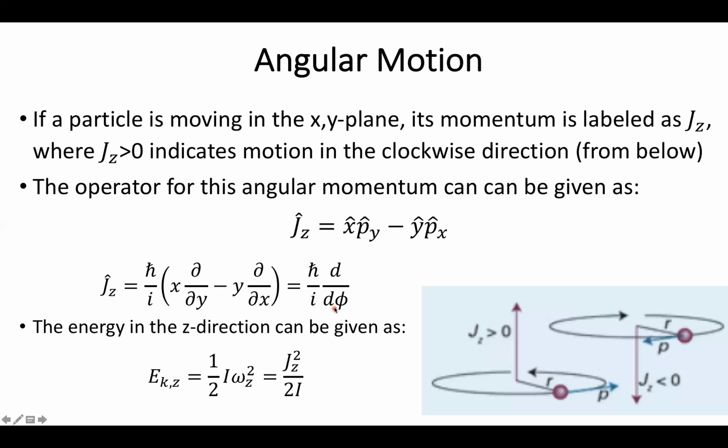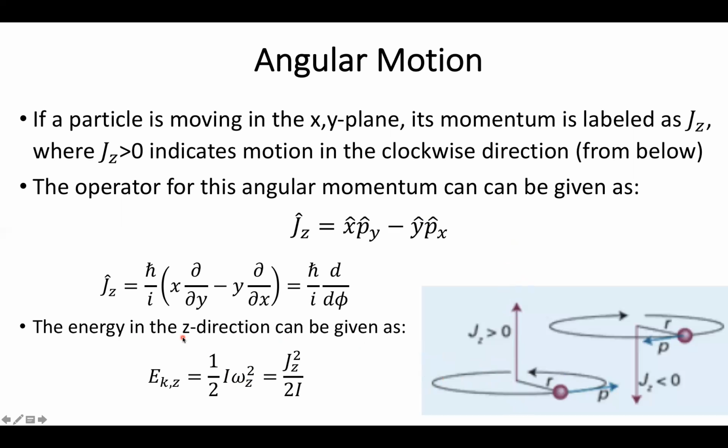This is going to be useful in trying to build up an energy for the rotations about this z-axis. So when I say in the z direction, I'm talking about the rotation about this central z-axis. So my central axis is going to be pointing in the z direction, while all movement happens in the other two. So that's something to keep in mind when we're talking about axes and movement in radial coordinates.